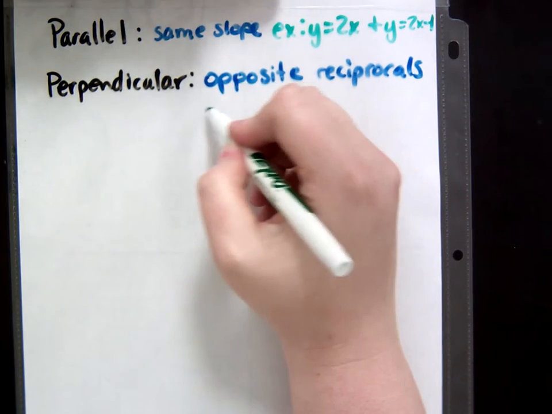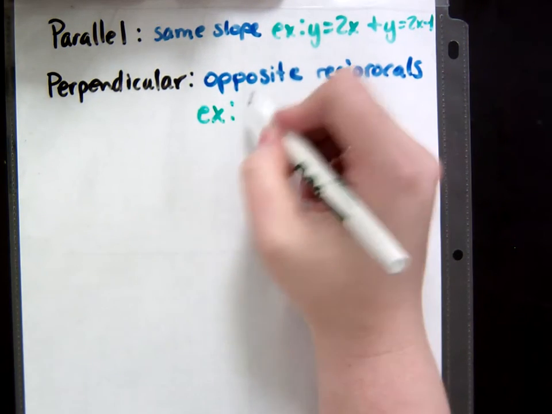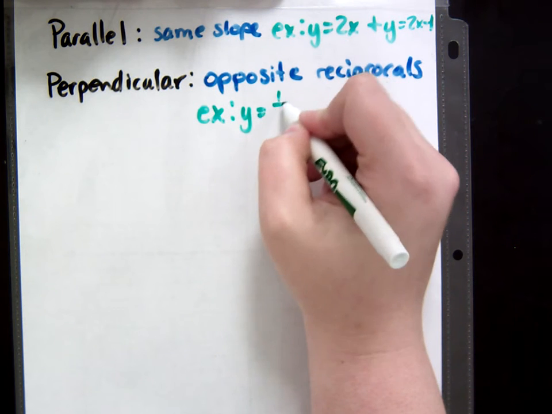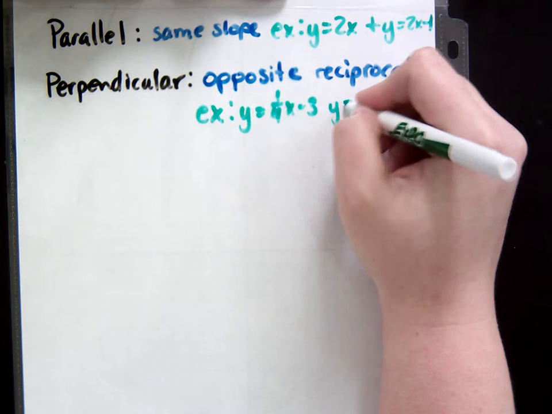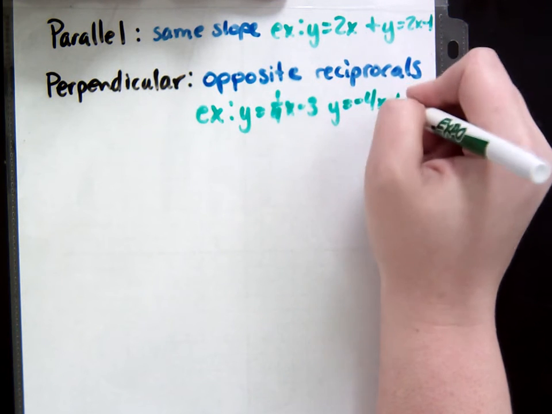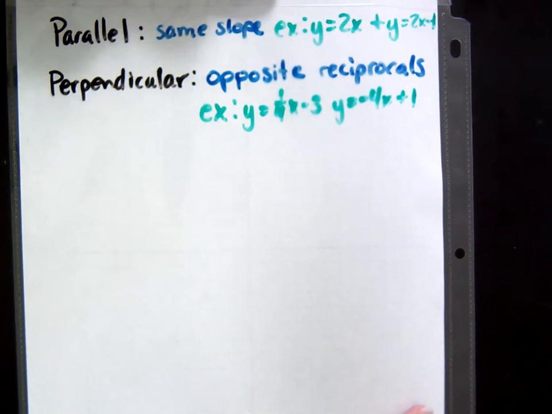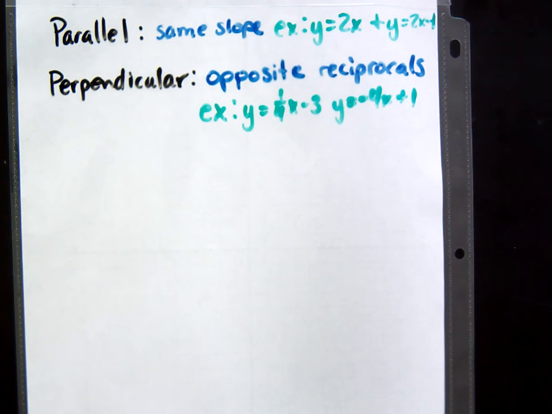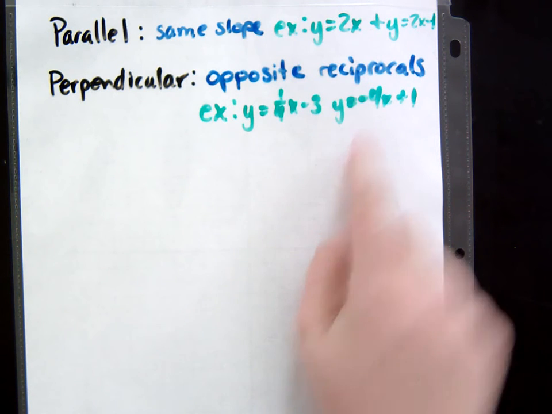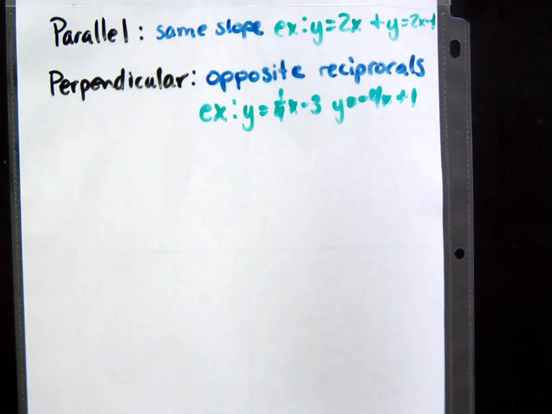So for example, you might have y equals 1/4 x minus 3, or you might have y equals negative 4x plus 1. These are opposite reciprocals. Opposite because one's positive, one's negative. Reciprocals because 1/4 and 4/1 are reciprocals.